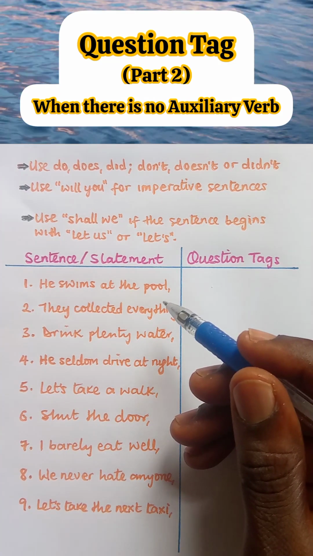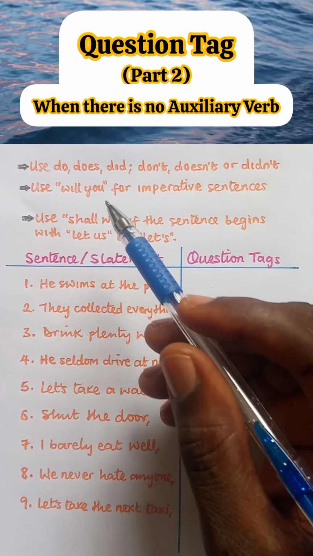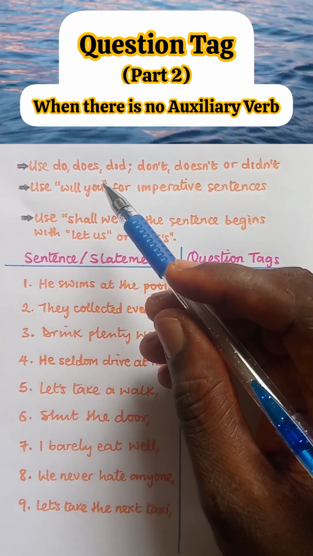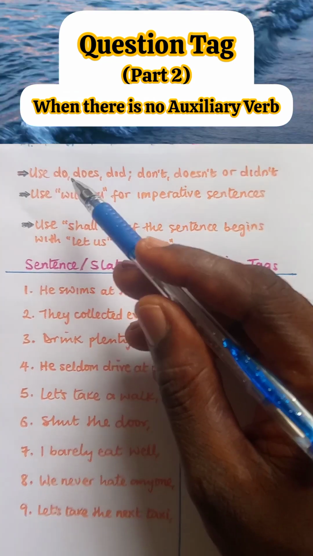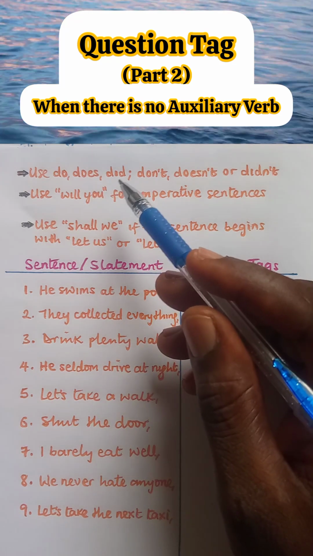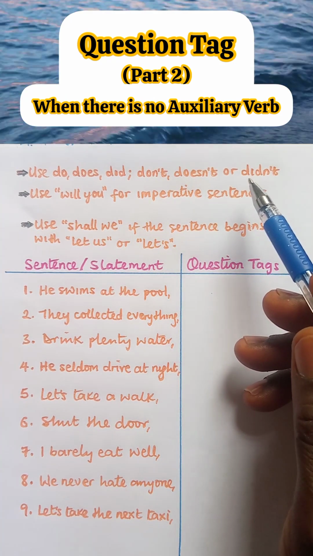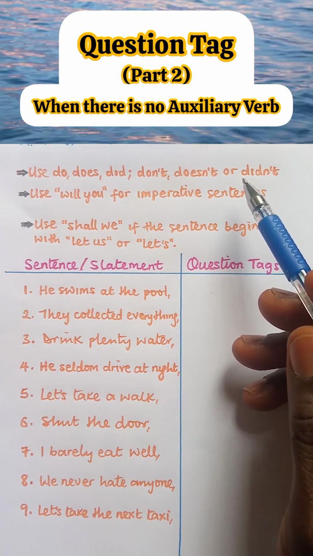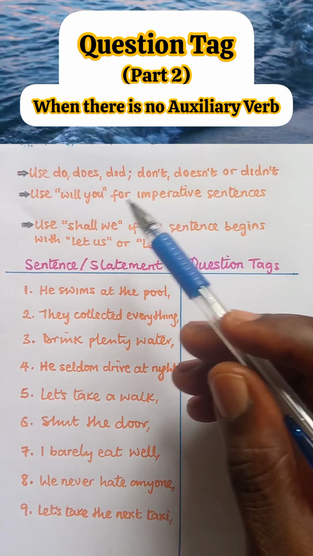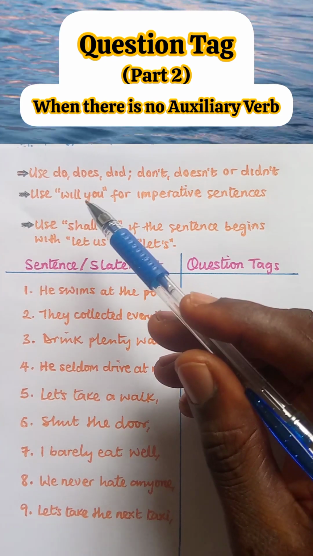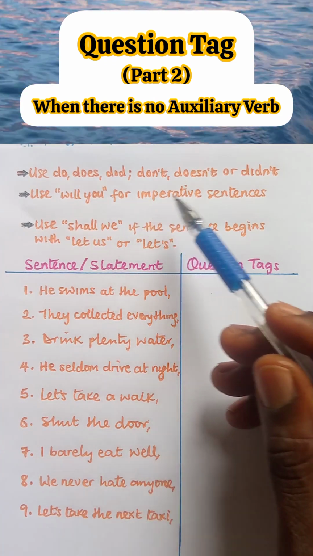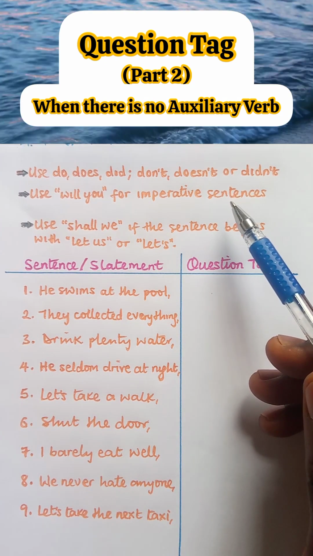Here are the rules. If the sentence doesn't contain an auxiliary verb, then use do, does, did, or the negative forms don't, doesn't, or didn't in the question tag, depending on the tense and plurality of the verb used in the sentence. Then use will you for imperative sentences.